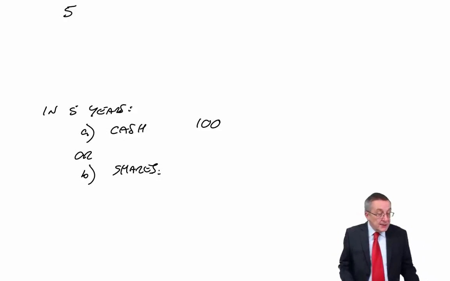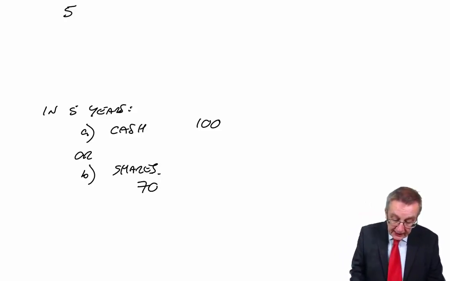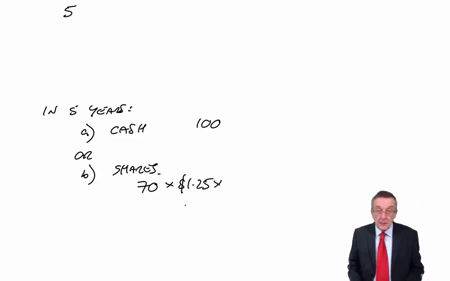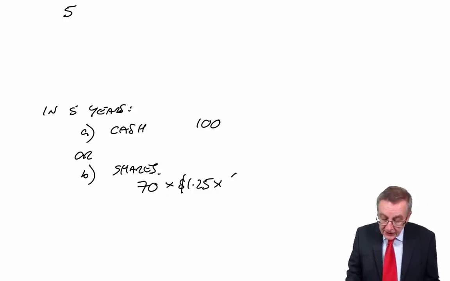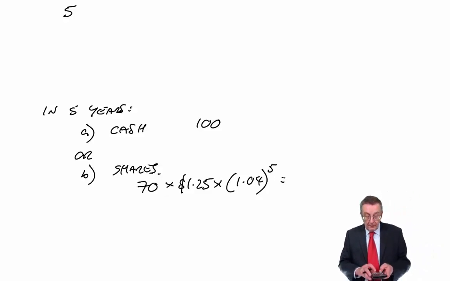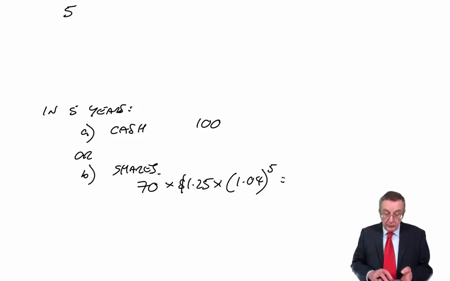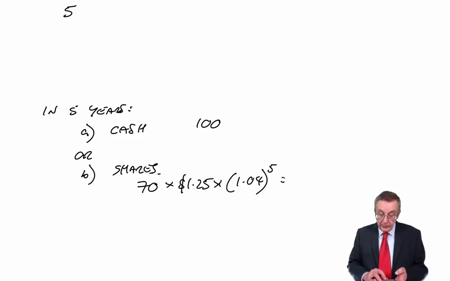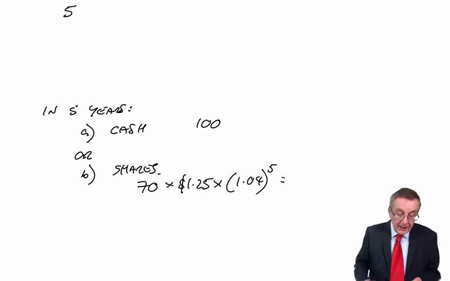And how much would the shares be worth? It'll be 70 shares. The current market value is $1.25 a share. But if it's growing at 4% per year, they'll expect the value to have gone up 5 years at 4%, which comes to 1.04 to the power 5 times $1.25 times 70.